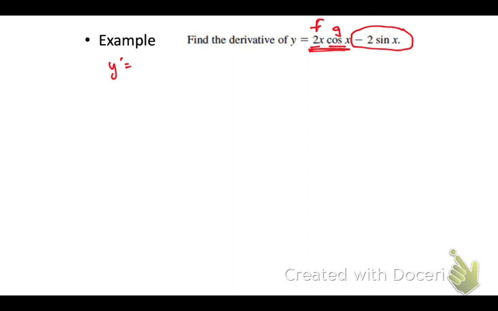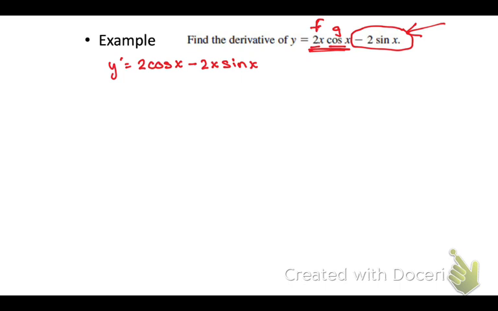So then the derivative of 2x is 2, so 2 cosine. Minus, why is it minus now? Because it's a negative sign. And then 2x sine of x, right? Now we do this derivative.